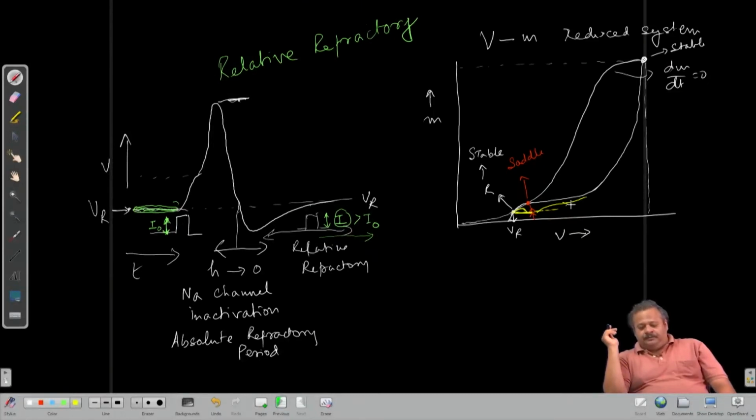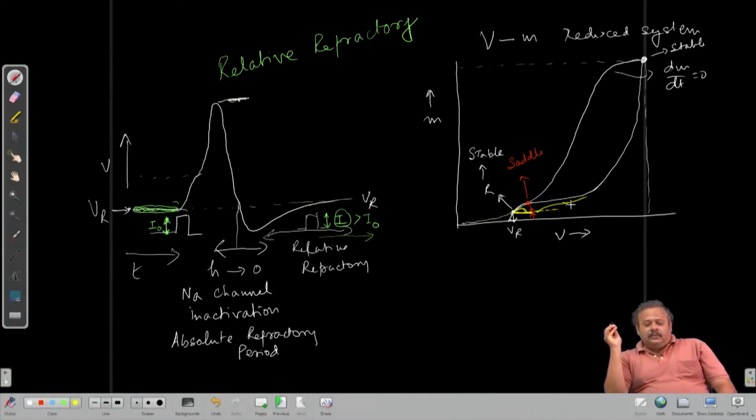and go up to that stable node on the top right, and will produce an action potential. Now, if we consider the middle of the action potential or towards the end of it, we have H and N different from what they are at rest.